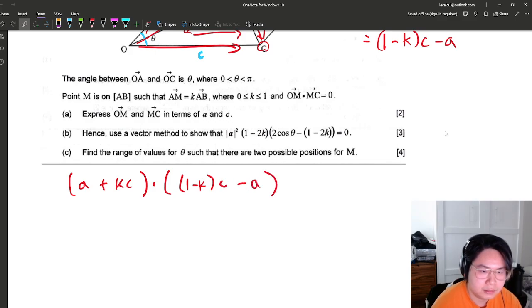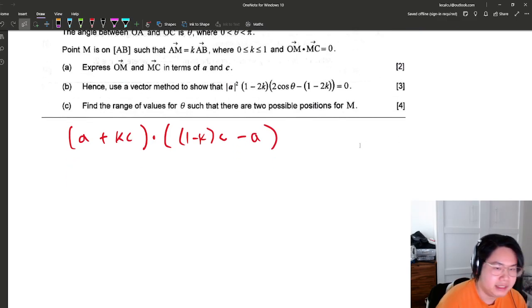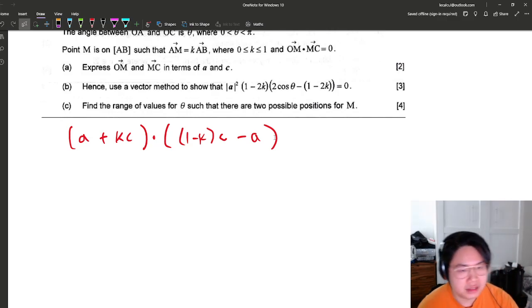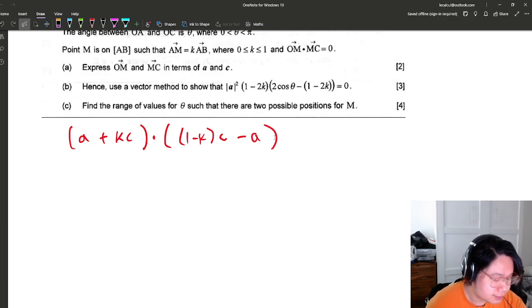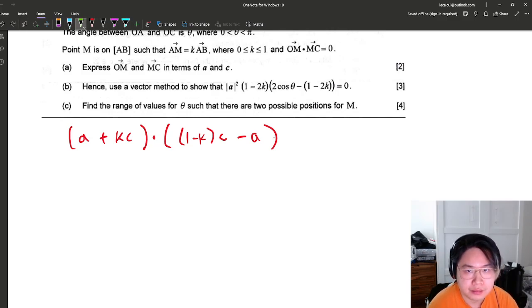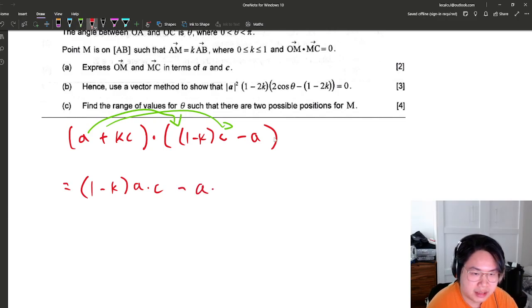And then minus a. Okay, and then we need to expand this out. If you don't know, a scalar product you can treat like a regular multiplication, so we can expand this out like a polynomial. This one dots with that one, so you have (1 minus k) a dot c, then multiplied with that one, that's minus a dot a.